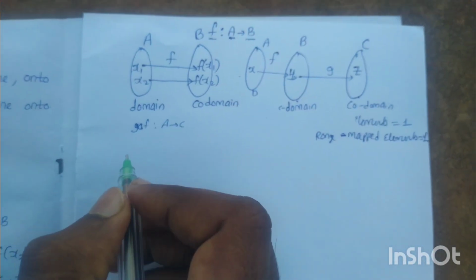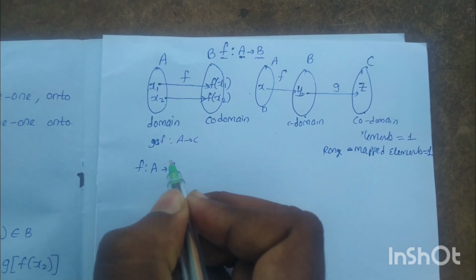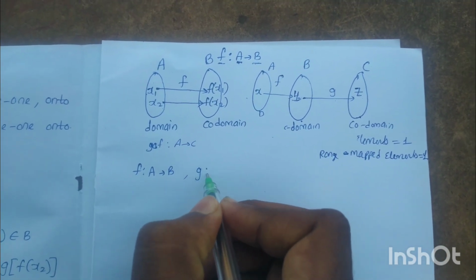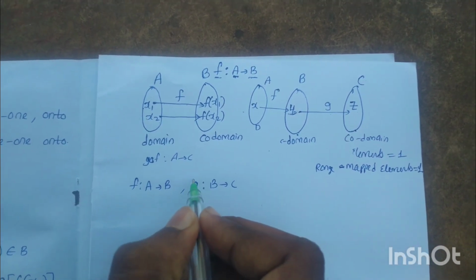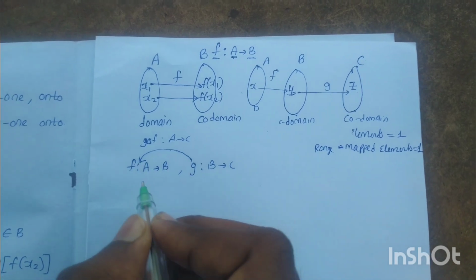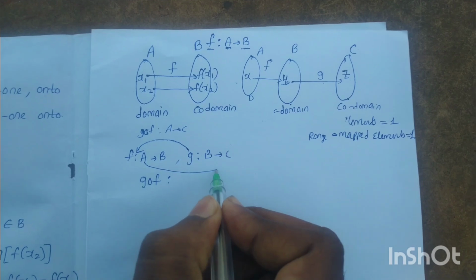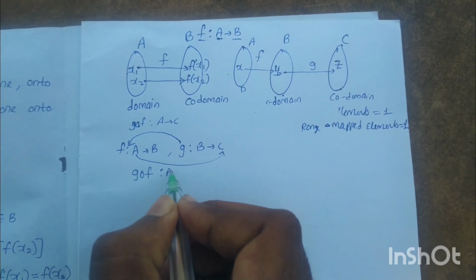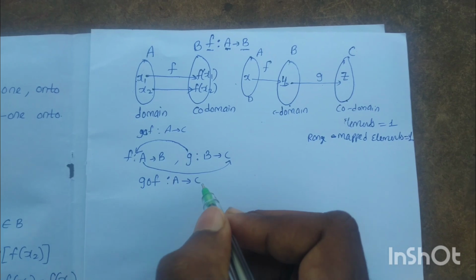So simply you can remember like this. Suppose f maps A to B is one-one and onto function, g maps B to C is also one-one and onto function. Then g circle f maps A to C is also one-one and onto function.